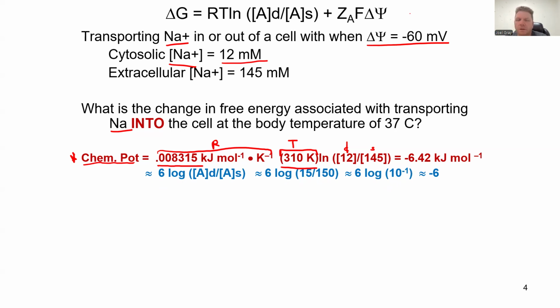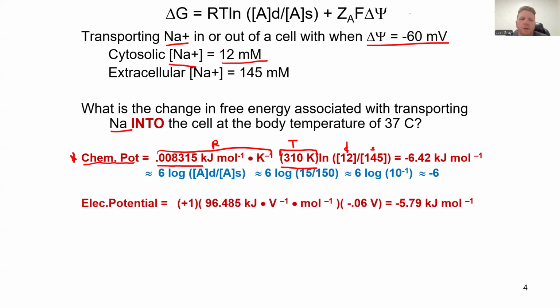And so that effectively means, rather than the natural log, what's the log of 1 over 10 or 0.1? Okay, so now the second part of the equation is right here, the electrical potential. Our Z sub alpha is our charge of our ion. This is a sodium ion. That's a charge of +1. We have Faraday's constant, which is 96.485 kilojoules per volt mole.